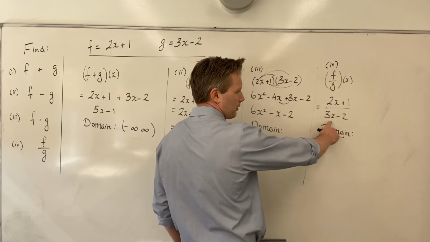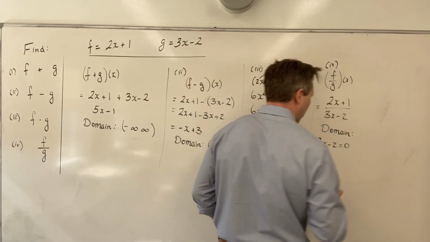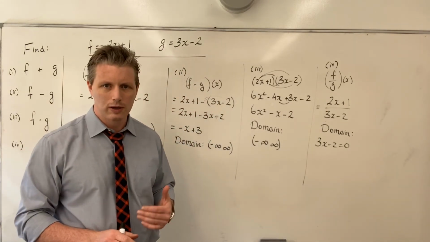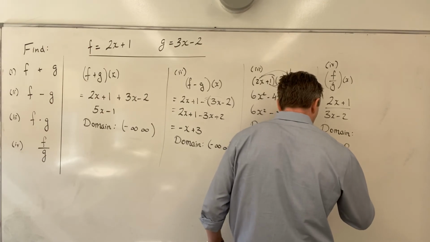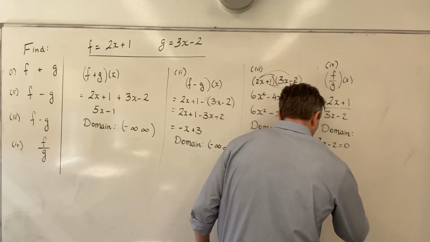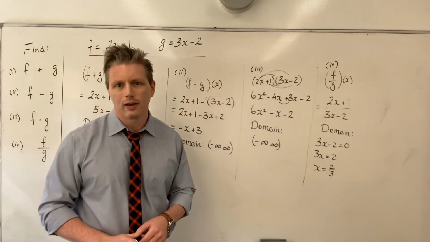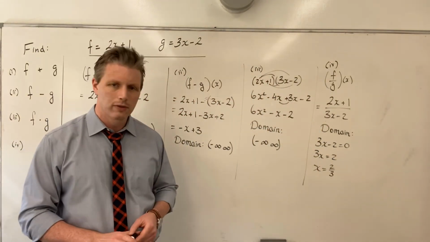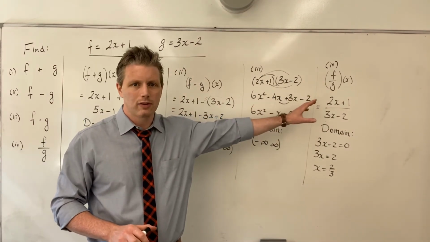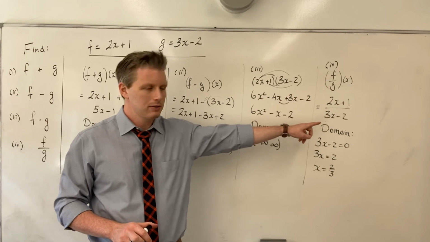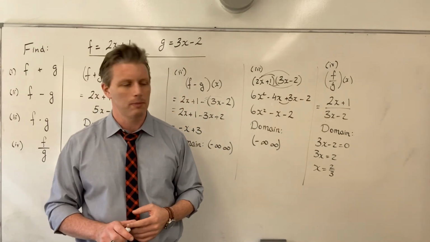I will check by letting 3x minus 2 equal to 0, and I will solve for it. 3x minus 2 is equal to 0, then 3x is equal to 2, and x is therefore equal to 2 over 3. So a value of x of 2/3 will make my function f over g of x undefined, because it will make the denominator 3x minus 2 equal to 0, and I can't have 0 in the denominator.